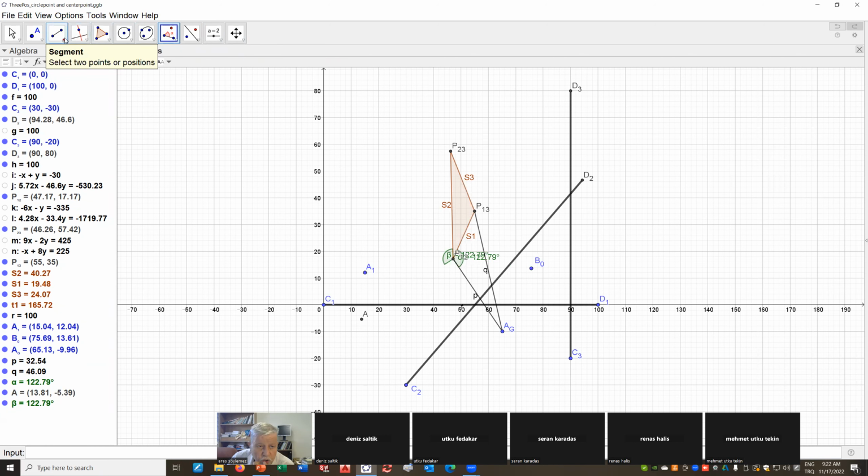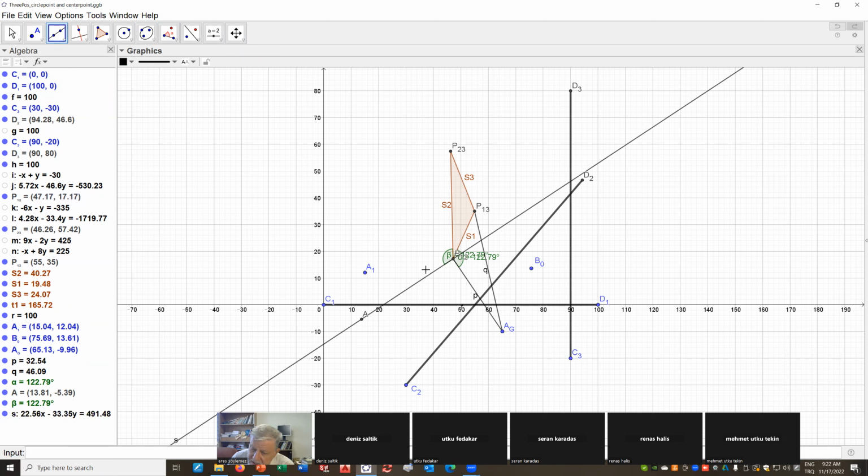Now, please look. This angle is equal to this angle. AG P12, P13 is equal and opposite to P23, P12, this line. I'll hide the helper line. Is that agreed? A0 must be on this line.